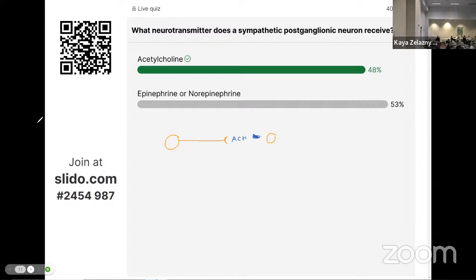Oops, probably should put it on the cell. We always need a receptor for the thing we had released. Otherwise, there was no point in releasing it in the first place. So all of these are acetylcholine, and it's not until we get to the effector organs that we're going to see receptors of other types for other stuff.